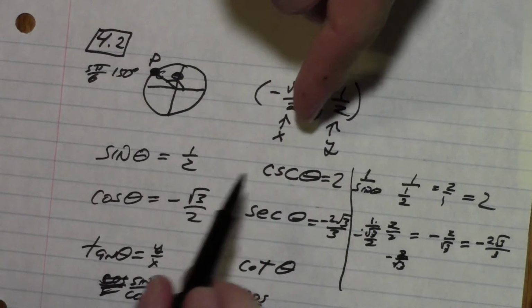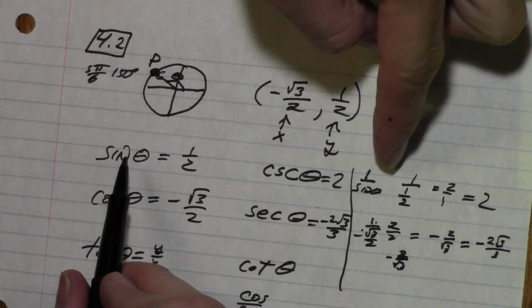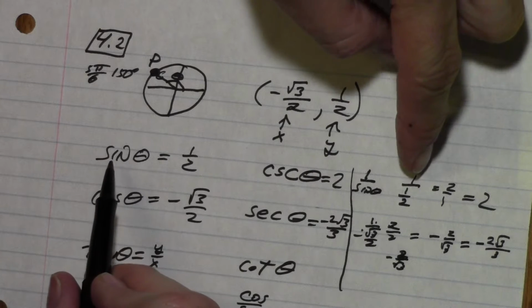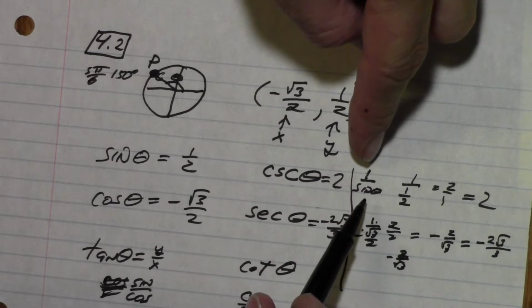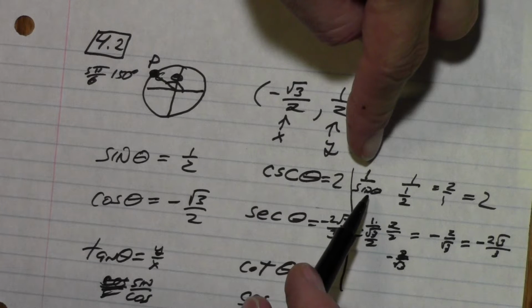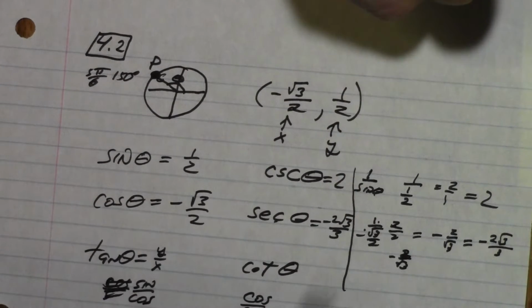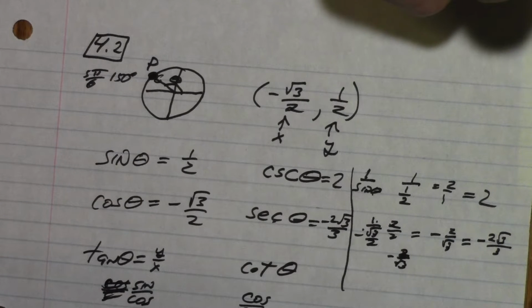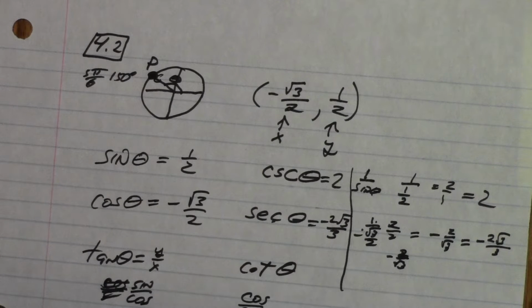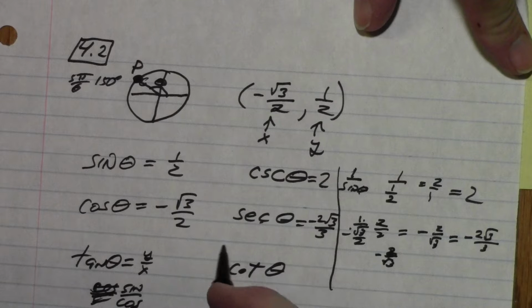So the cosecant matches the sine as its reciprocal, or 1 over the sine of theta. That's a reciprocal property, and the secant has the reciprocal property of 1 over cosine theta, and these have what are called the quotient properties. I don't care that you remember the names of them, just that you can use them.